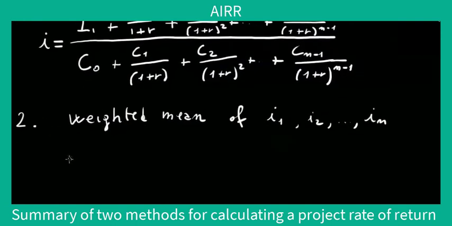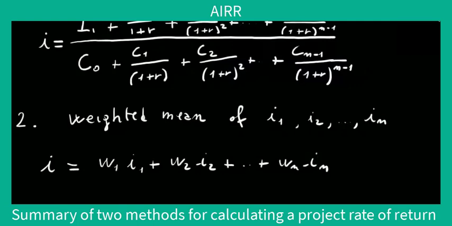So we have that the AIRR is equal to W1 multiplied by I1 plus W2 multiplied by I2, and so on until the last one.